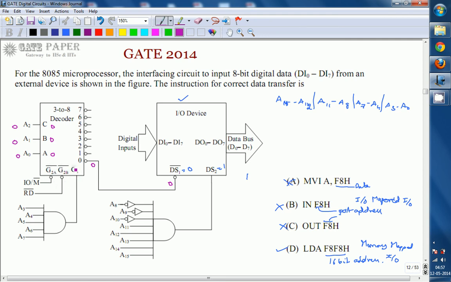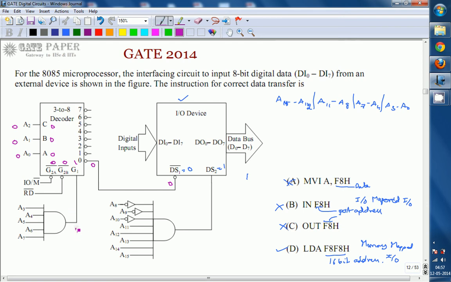We are only concentrating on the memory, so G1 is related to the memory. The decoder will be selected whenever G2A bar is 0, G2B bar is 0, and G1 is 1. So G1 is equal to 1 is required to select the 3 to 8 decoder.